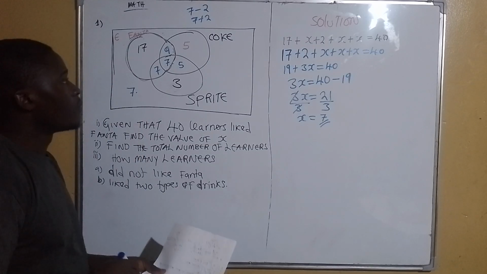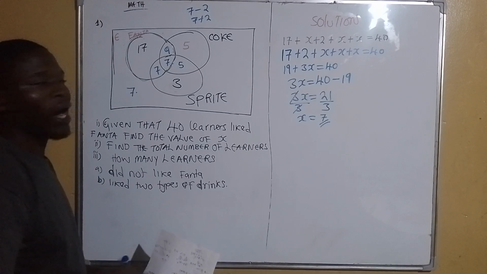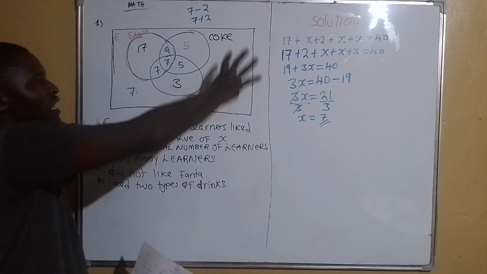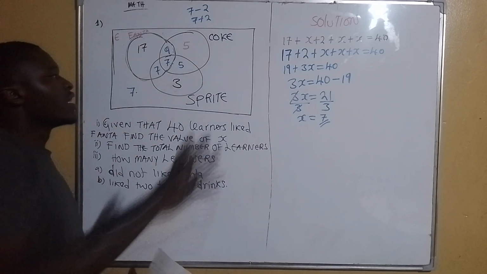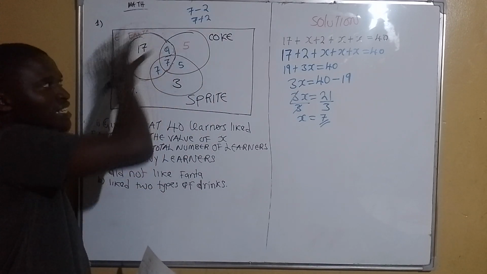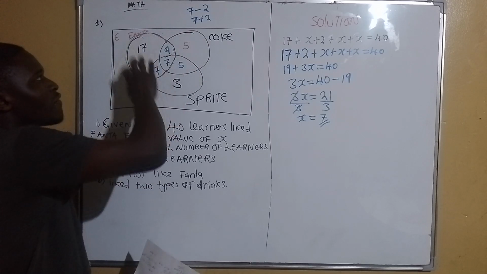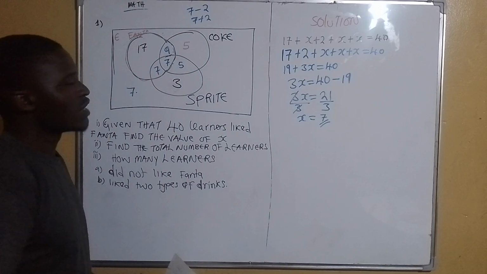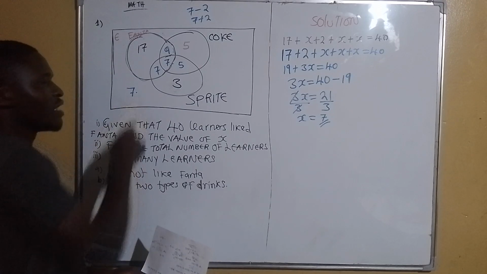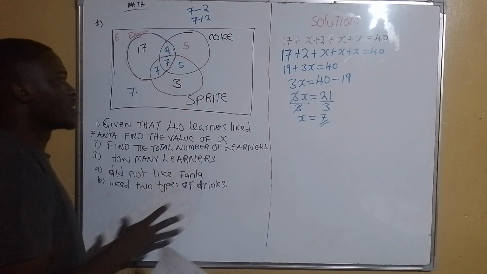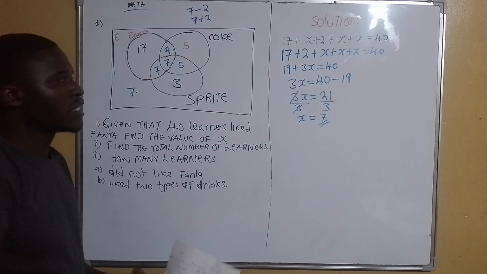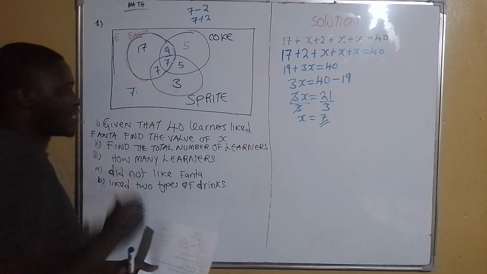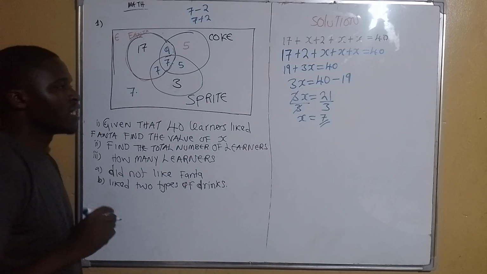For the total number of learners, you add all the numbers in this Venn diagram, because these are all learners in the same class, but they just have different tastes of these drinks. These 7 didn't like any of the drinks, so that's why they are in the universal set. So to find the total number of learners, add everything inside this Venn diagram.